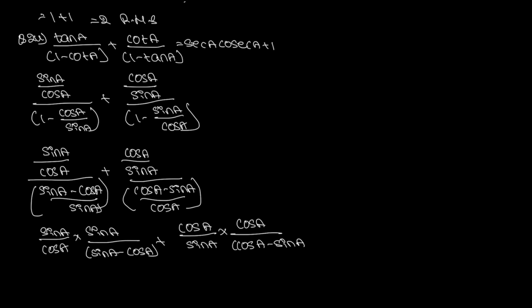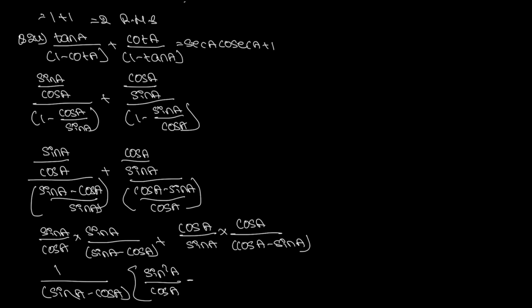If we observe here, sin minus cos and cos minus sin, that is a minus b and b minus a, we can take this term as common. Let's take 1 by sin a minus cos a out as common. And here sin into sin is sin square a, and the denominator is cos a. Here we'll get a minus because we have taken out sin a minus cos a as common, whereas here we have cos a minus sin a.